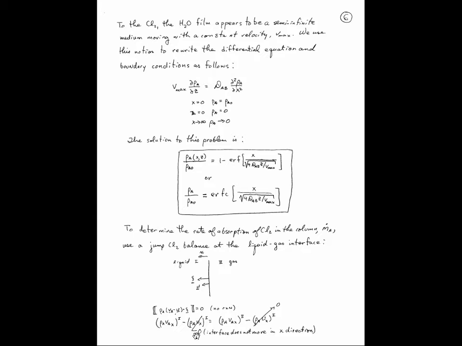The interface is not moving in this case. So although there's fluid moving down the wall of the tube, Ux is the velocity of the interface itself in the x direction, and that is 0. So these terms go away.